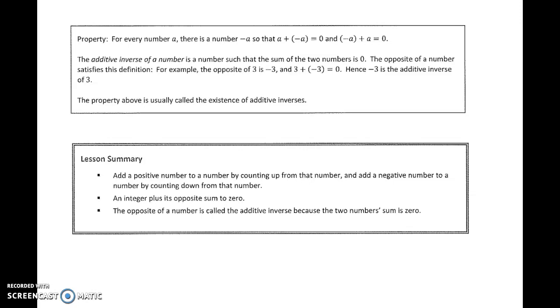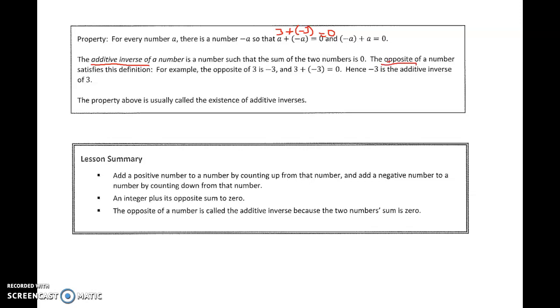So some kind of combination working with our absolute value. Property: for every a, there is a negative a, so that when you combine them, that equals 0. So if this is 3 and we combine that with a negative 3, that gives us 0. The additive inverse of a number is that, so the sum of them is 0. It's the opposite of the number.